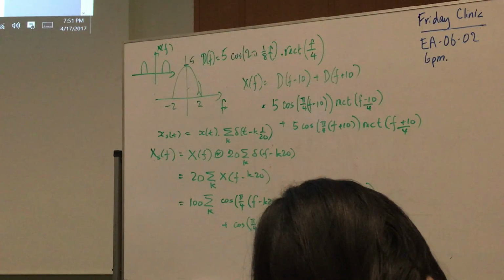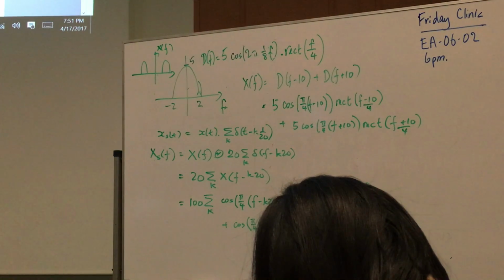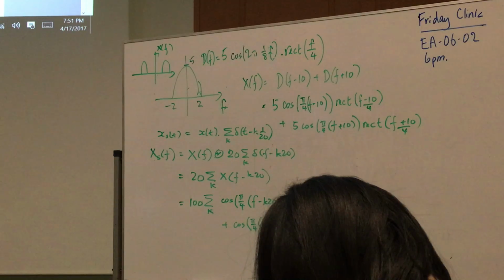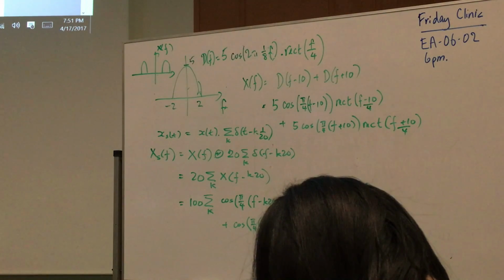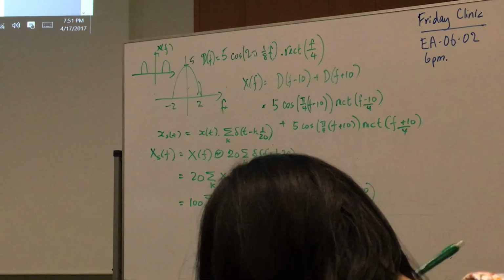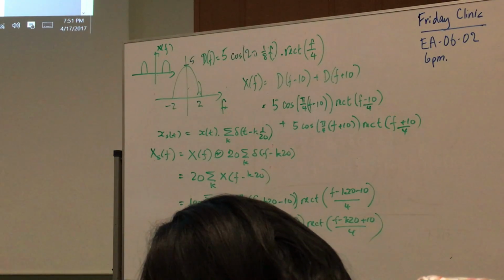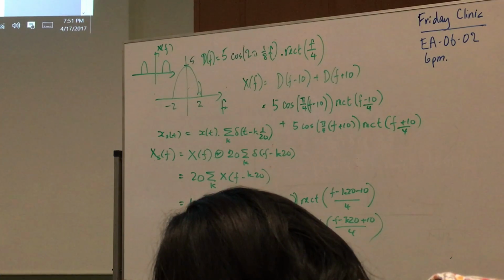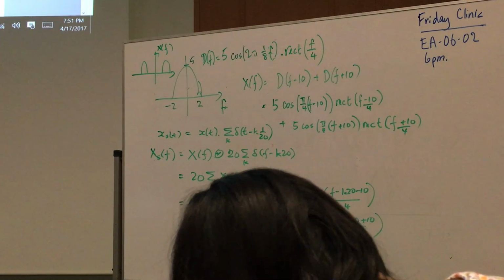Now if I repeat it, what will happen? If I move this to the right by 20 Hertz, this guy over here will come here, right? This guy at 10 will go to 30.